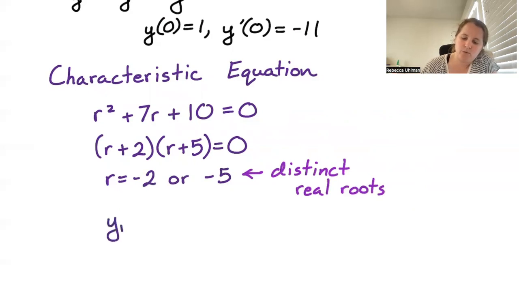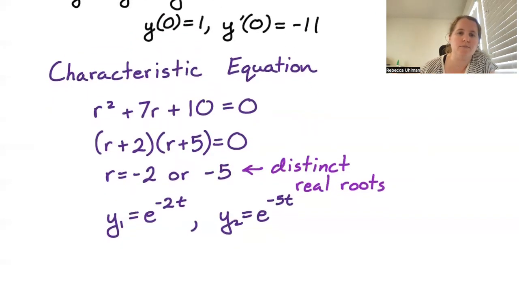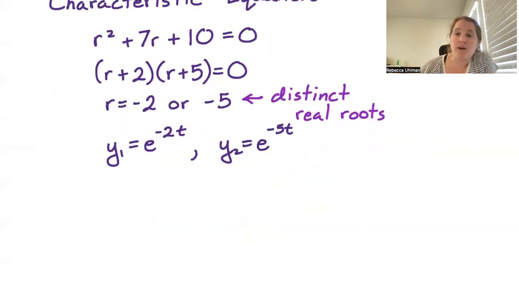We have y1 is e to the -2t, y2 is e to the -5t. Again, the differential equation didn't specify what variable we're working with, so you can use t or x as you so choose. By our previous work, these form a fundamental set of solutions.